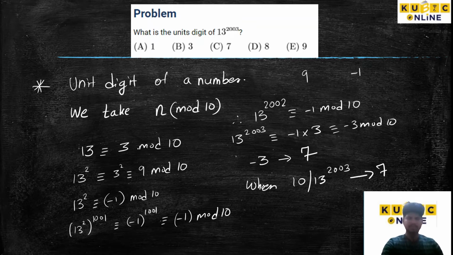Now this question can be done by another method as well. What is the method? This question I can write as (10 plus 3) to the power of 2003.